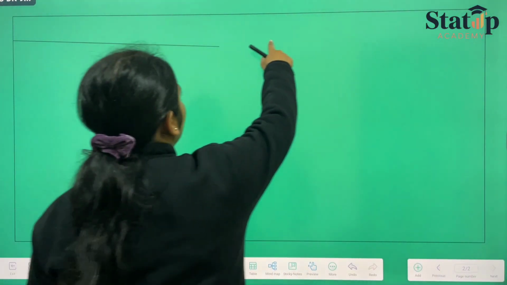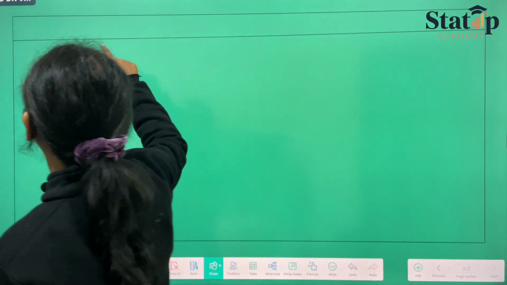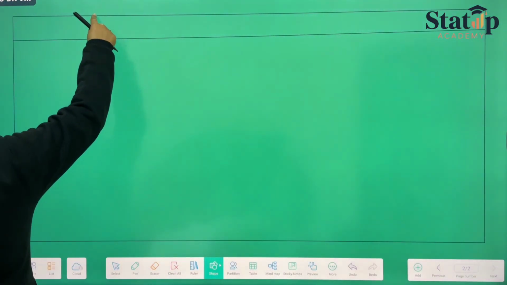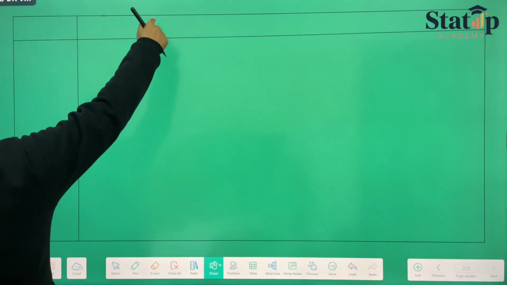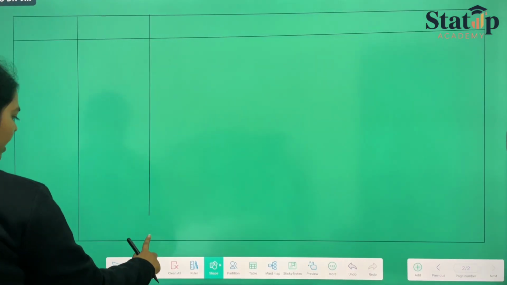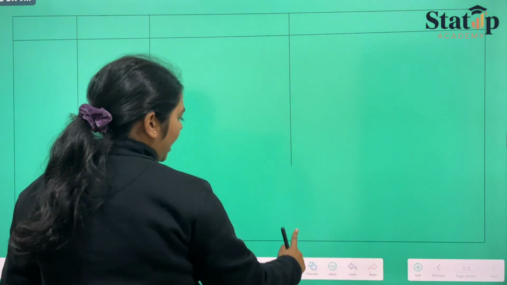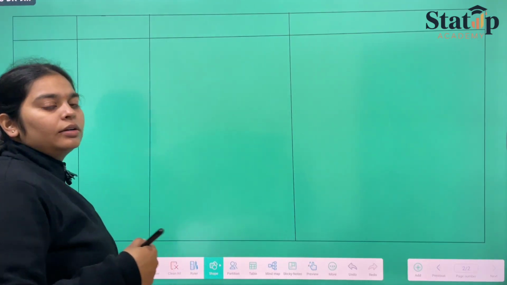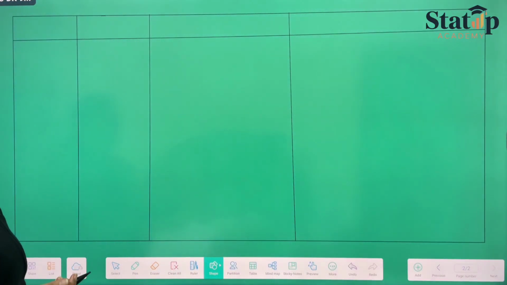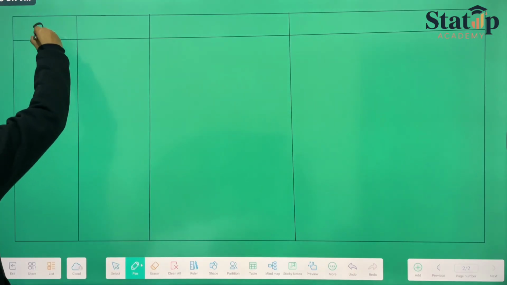Since it is a second degree polynomial, we'll make the table up till second degree only. In the first column we'll take x, in the second fx, in the third delta fx, and in the fourth delta square fx. There wouldn't be anything beyond delta raised to the power 2, because we only have a polynomial of degree 2.